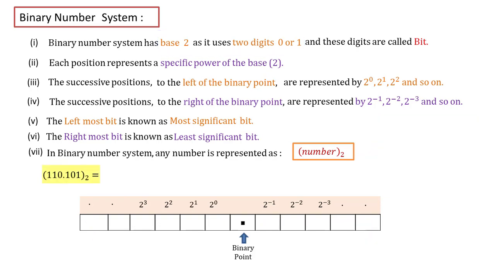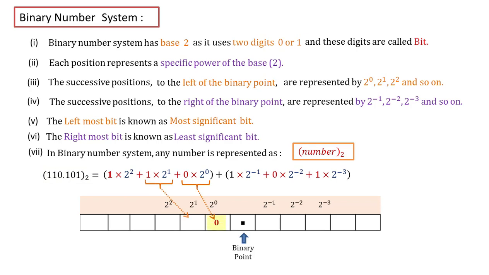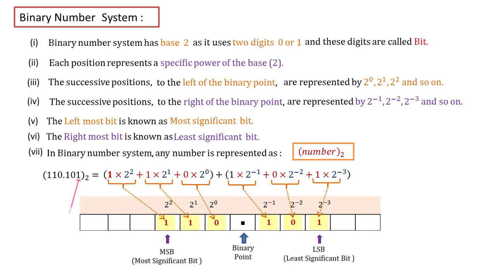Here, each bit has its own position and positions are represented as powers of 2. In this binary number, the leftmost bit is 1, which is also known as most significant bit, and the rightmost bit is 1, which is also known as least significant bit.